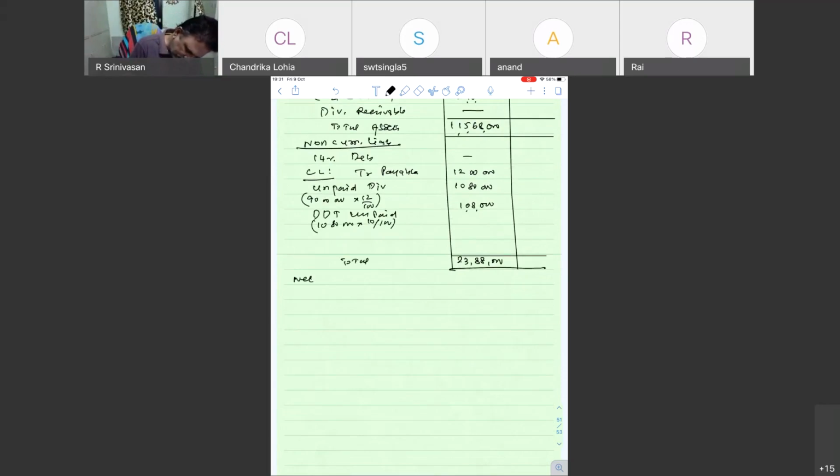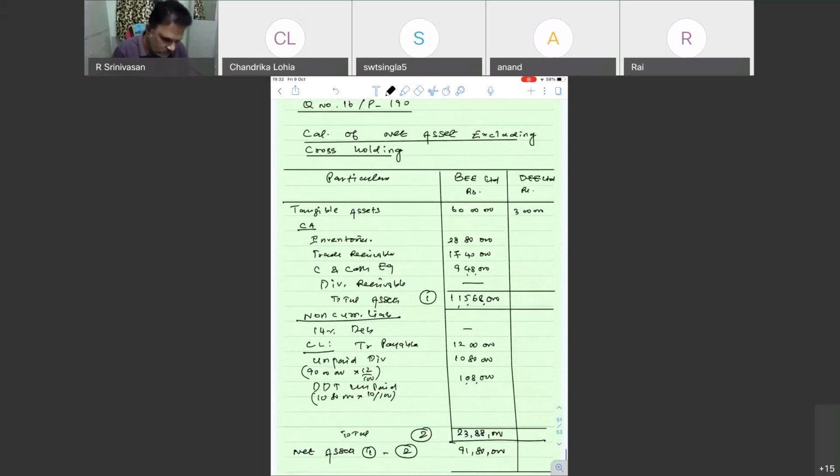And let us say the net asset has come to 91 lakh. This is for company B. Let's find out what it is for company D.